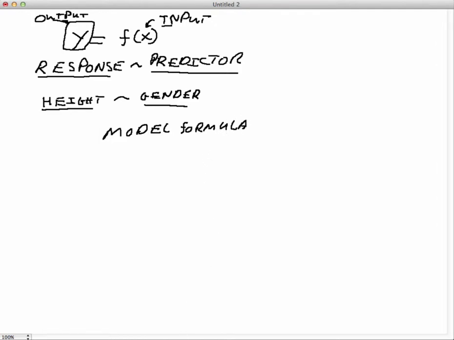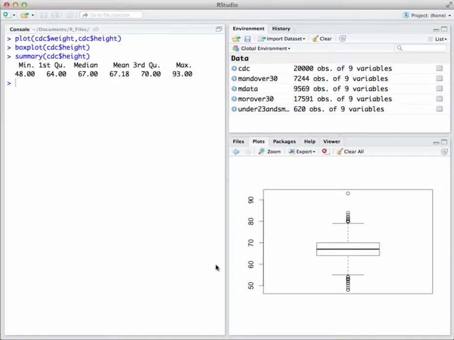So let's go back over to RStudio now and let's go ahead and do that. All right. So we're going to go ahead and build a box plot here, where we go boxplot, and we're going to give it two variables.